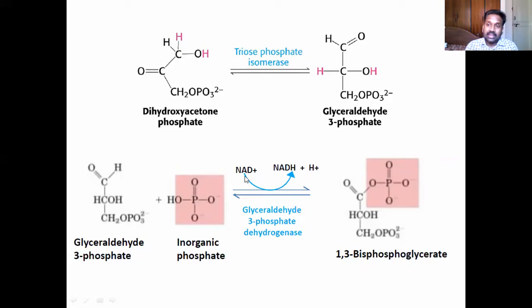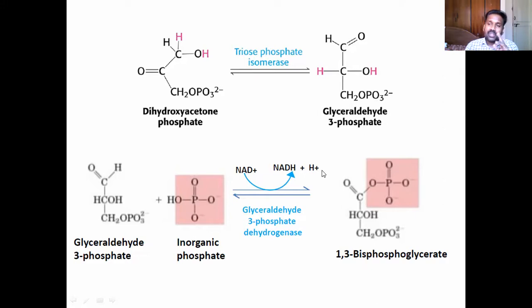So NAD is an oxidizing agent, because of the reaction it should get reduced to NADH. The substrate, aldehyde, gets oxidized to carboxylic acid. So aldehyde to carboxylic acid, NAD to NADH. Okay, fine. So the enzyme responsible for the reaction is glyceraldehyde 3-phosphate dehydrogenase.